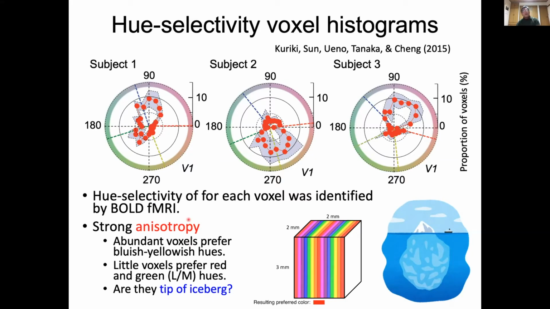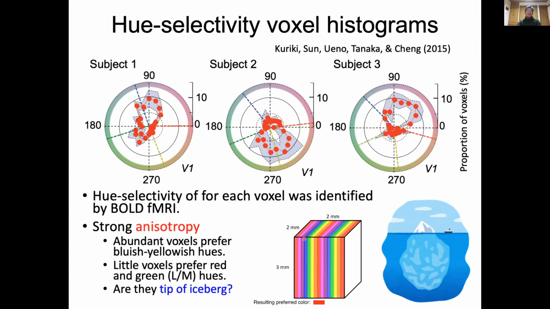But it is known that there are a lot of color-selective neurons in electrophysiological studies in animals. So this could be just the tip of the iceberg, and we are missing some submerged part of the brain activity responding to other kinds of cells, which should be more uniformly distributed in the visual cortex.